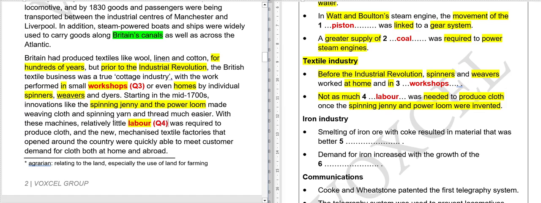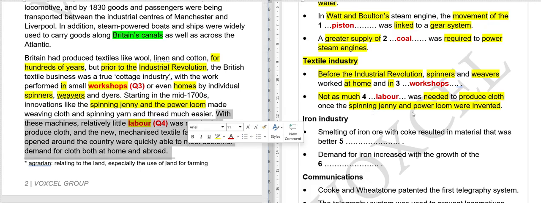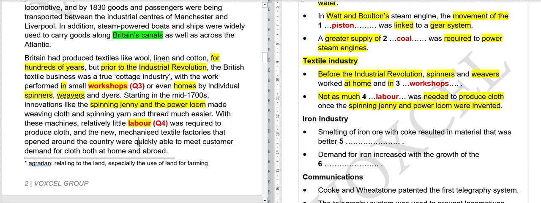So let's see. Here they are saying the name of these machines, but the names of these machines were in the previous sentence. This is our full stop, so the sentence has ended. In this particular sentence, we don't have the names of spinning jenny and power loom. So how can this be our answer?